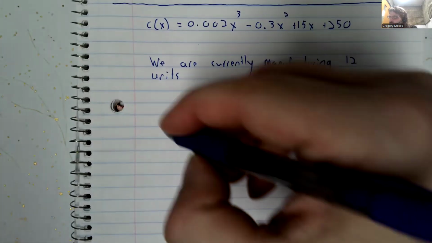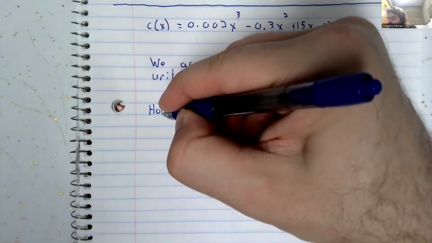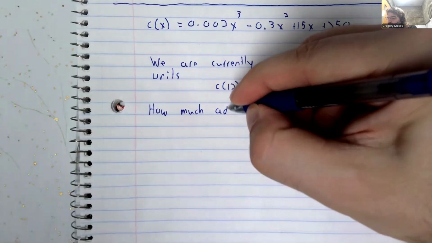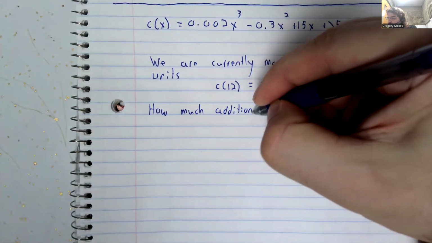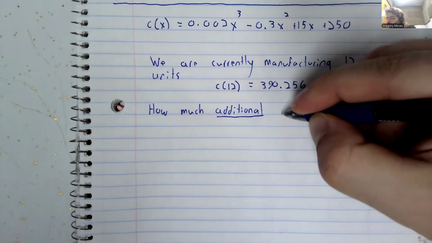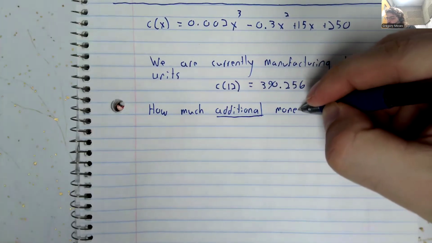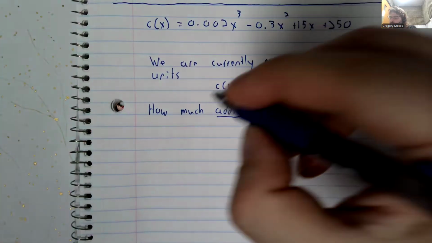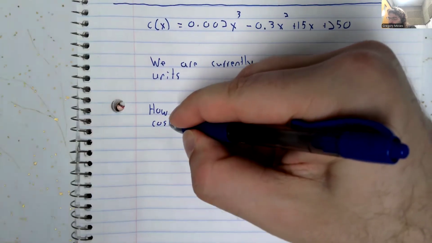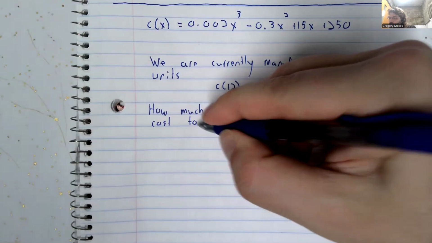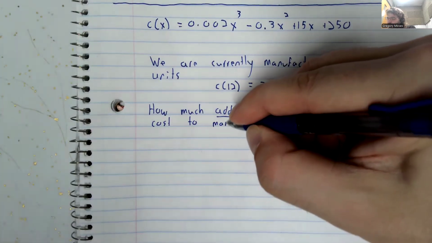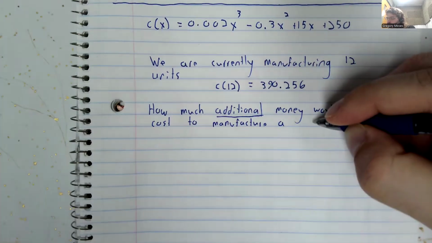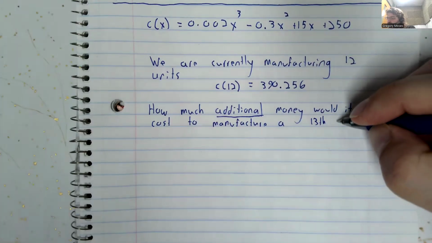Now we're thinking about expanding. So we ask a question. How much additional money would it cost to manufacture a 13th unit?